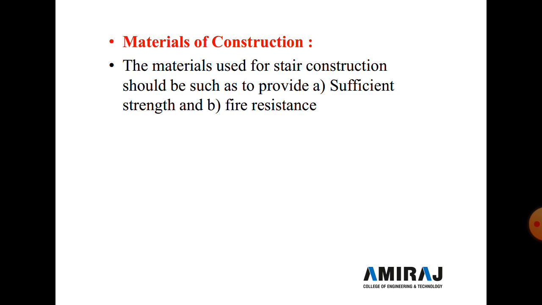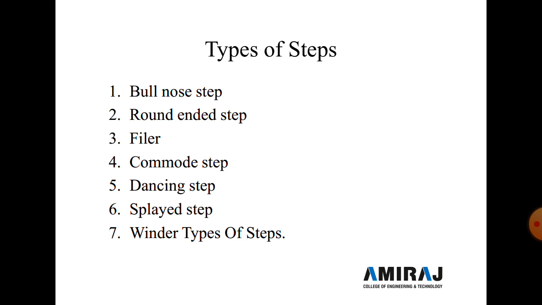In a residential area sometimes we use a wooden stair, but a wooden stair is very dangerous. It is not a fire resistant material, so it is difficult during a fire.